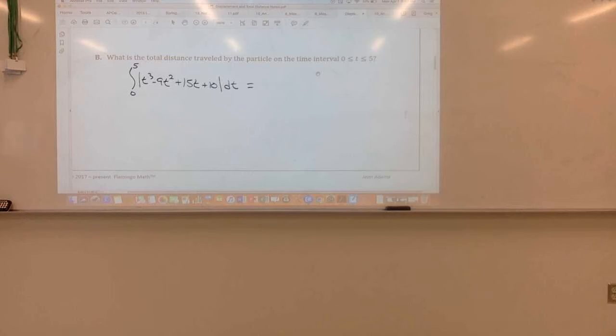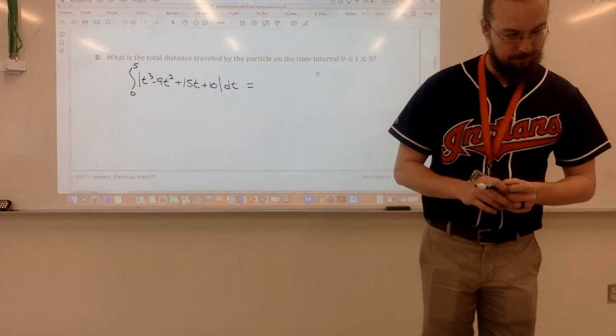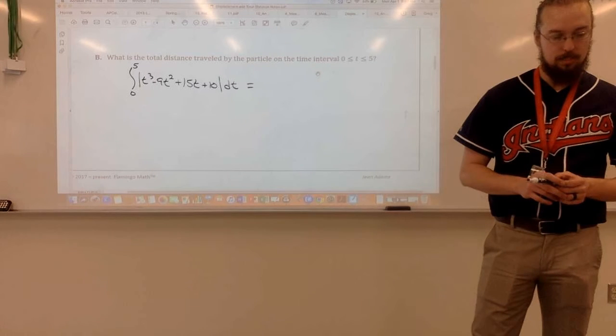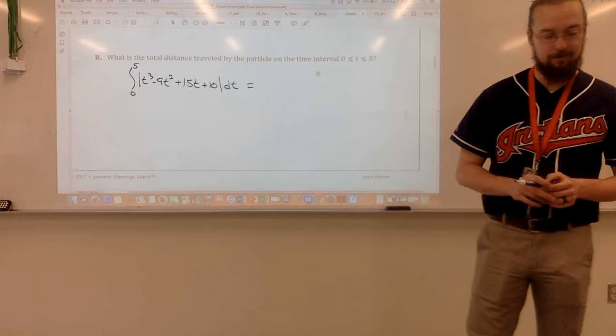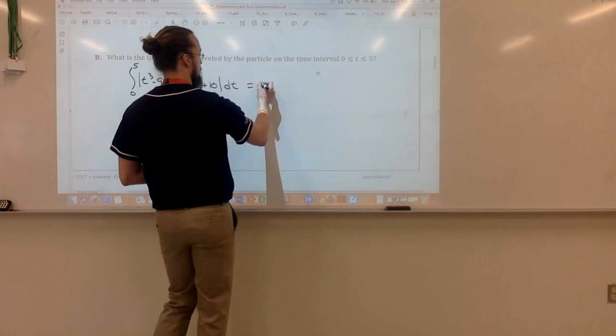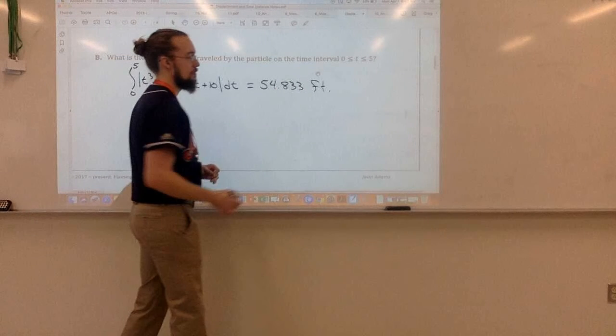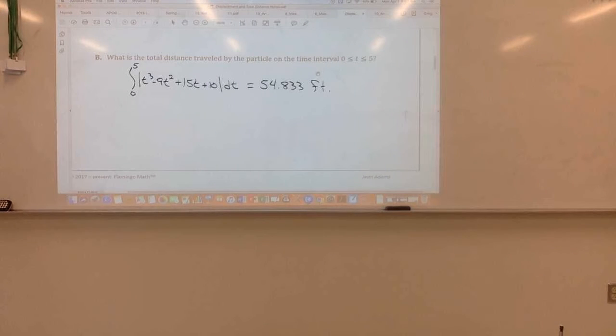It's taking a minute to calculate. That's an ugly fraction. It comes out as a fraction. Let's stick with this. 54.833. Thing is, on the exams, they wanted fractions, or you had to put in the whole decimal. I was rounding my decimals and they kept on yelling at me.